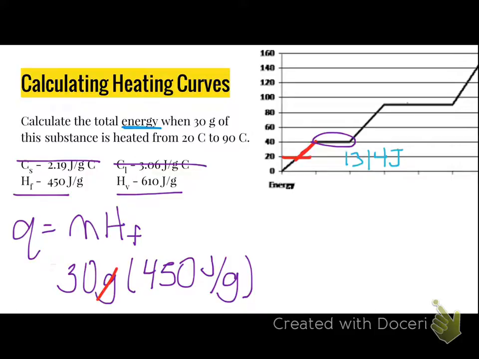Grams is on the top, grams is on the bottom of this unit, so I'm left with joules. 30 times 450 gives me 13,500 joules. So that's going to be here.